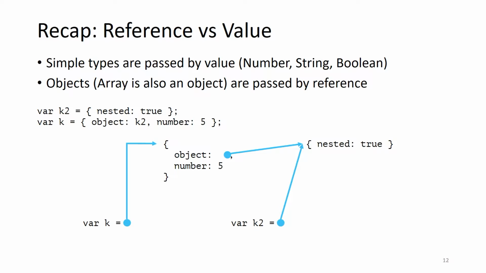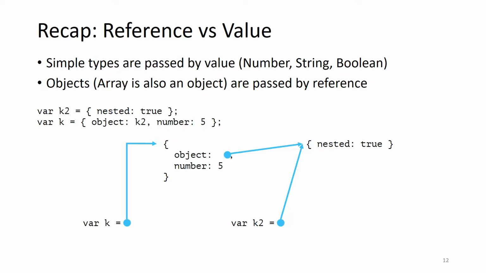Here we create two objects, one K2 and second K. In object K2 we reference the object. In object K we reference the object K2. How does it look for JavaScript? We have an object K, which references some place in memory where the actual contents of the objects are stored. And here you can see that the value of object here and the value of variable K2 are basically the same.